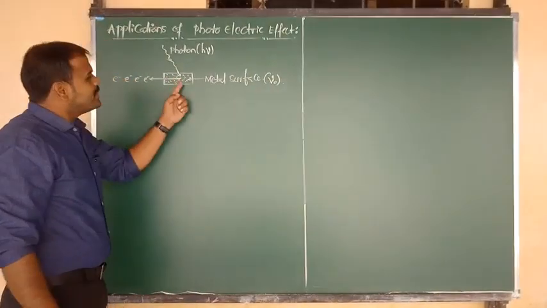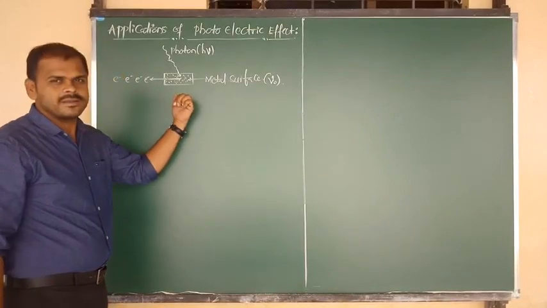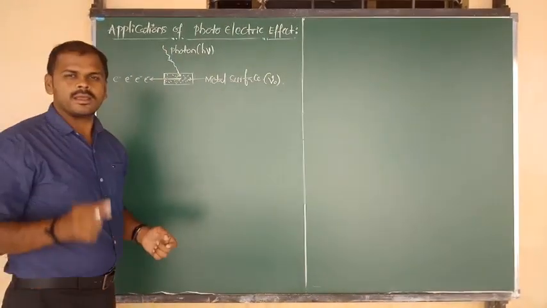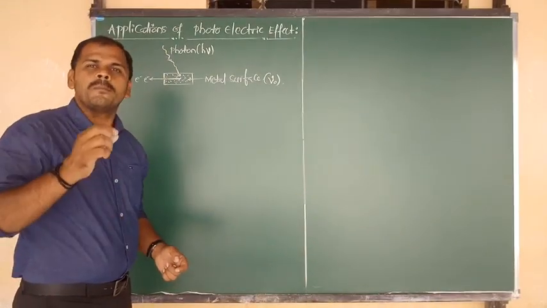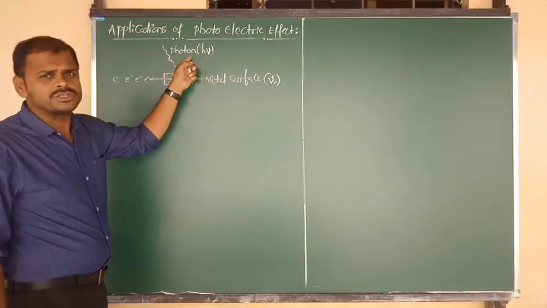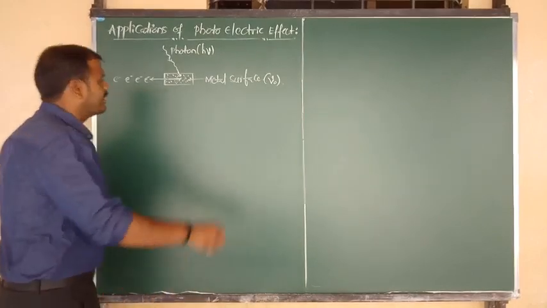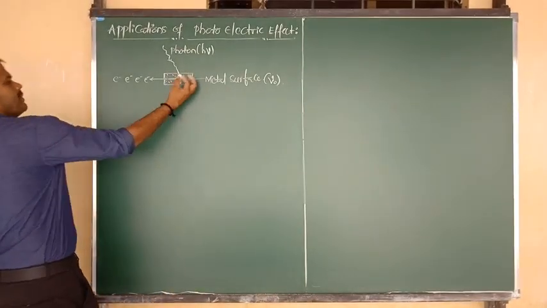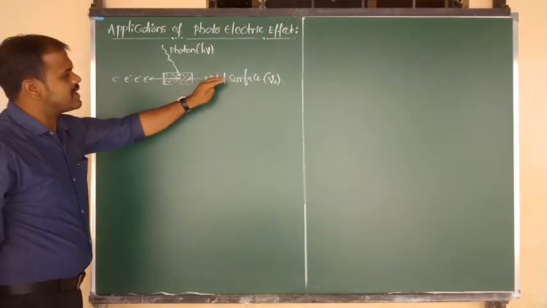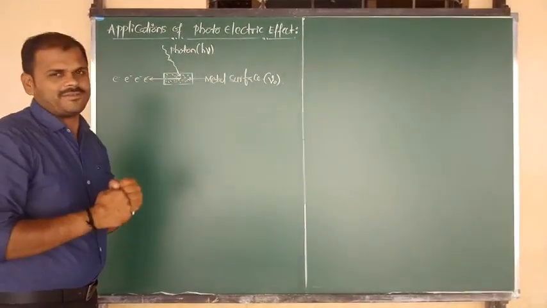So a metal which contains a characteristic threshold frequency, when its surface is exposed to a particular beam of light, a photon of suitable energy, when that photon strikes the surface of the metal, definitely there will be a release of electrons from the surface of the metal. So electrons are released from the metal surface when it is exposed to a photon with suitable frequency.